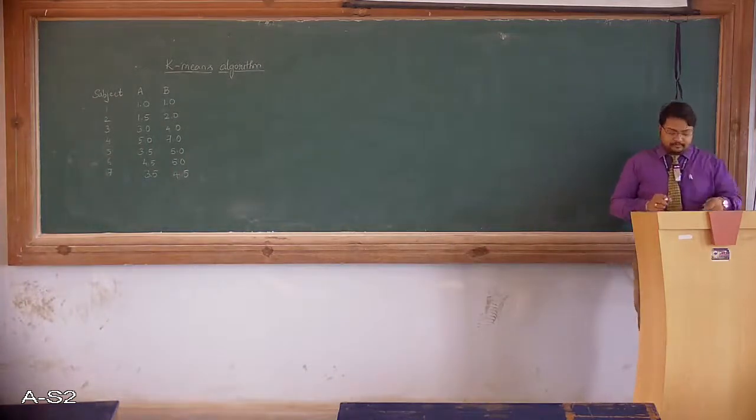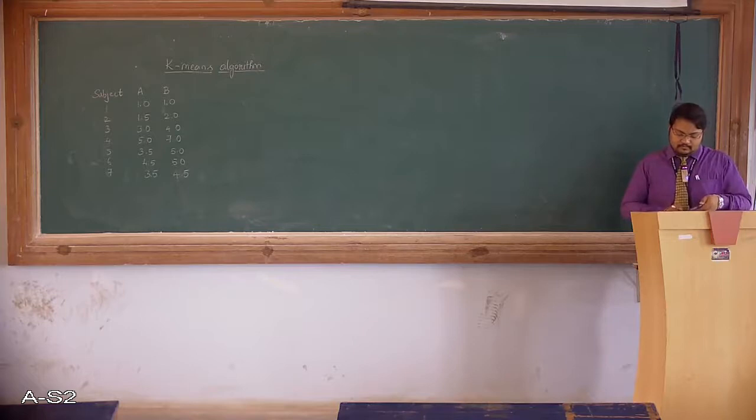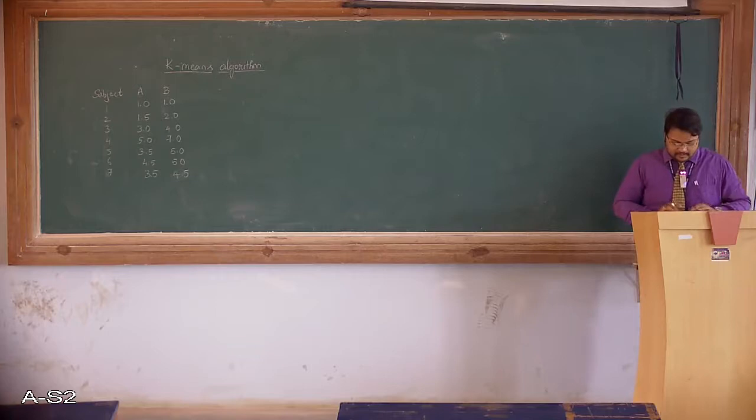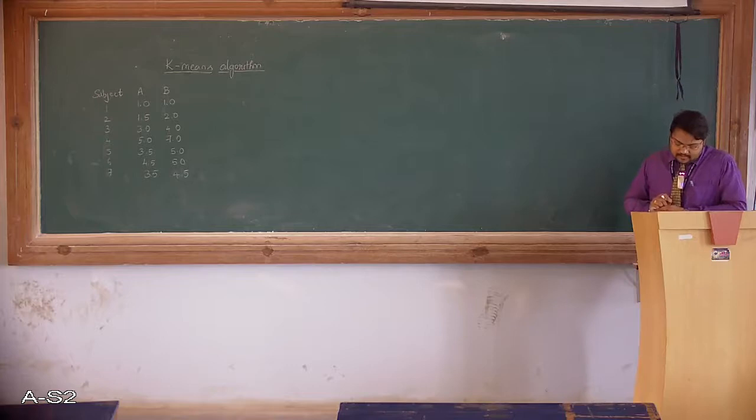Now the question you might get would be like this: for a k-means algorithm, consider the following data set consisting of the scores of two variables for each of the 7 individuals. These are the scores of the individuals in 2 different subjects.